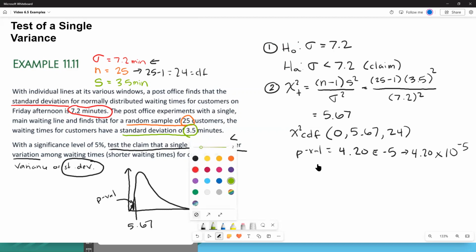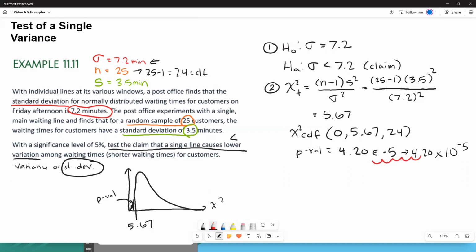So let's go ahead and do that. 1, 2, 3, 4, 5. And that's going to result in 4 zeros in front of that. So our p-value is 0.0000420.